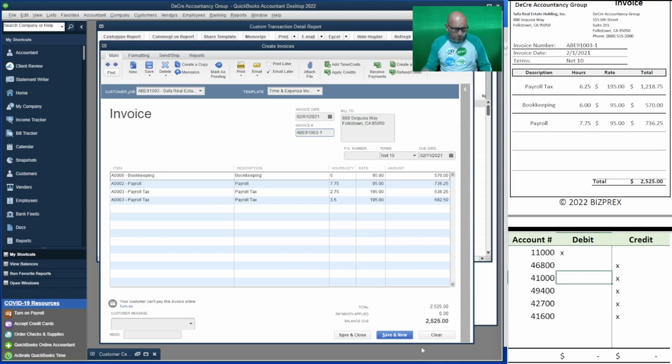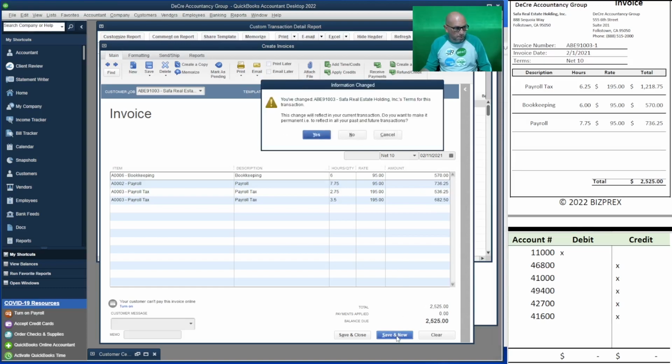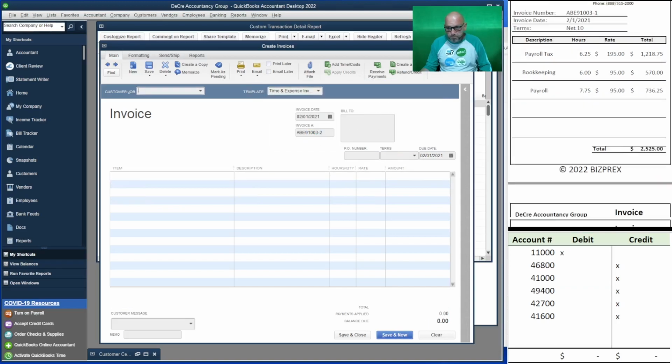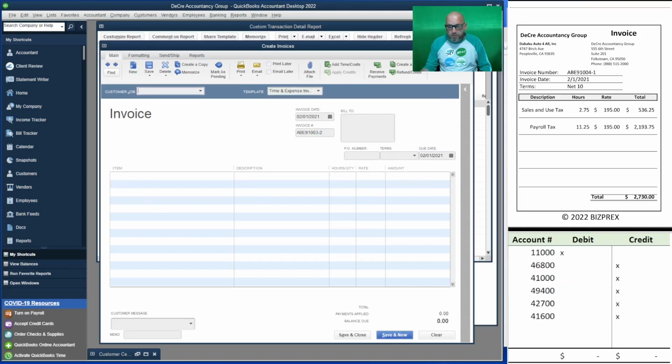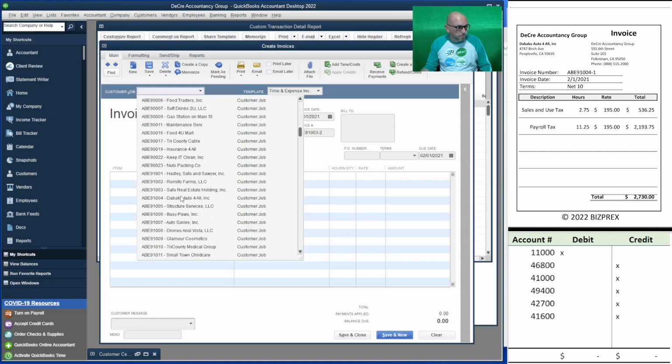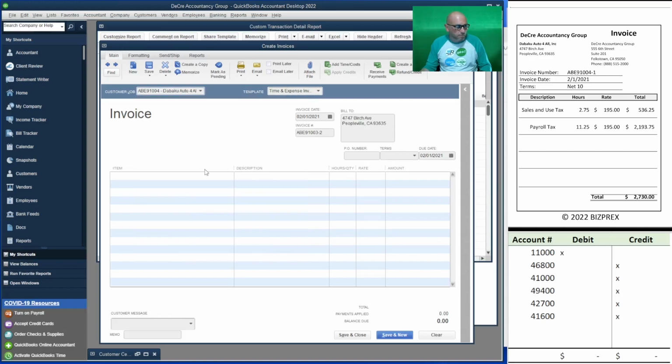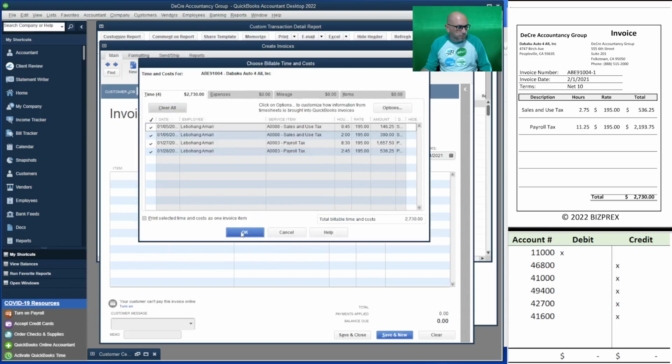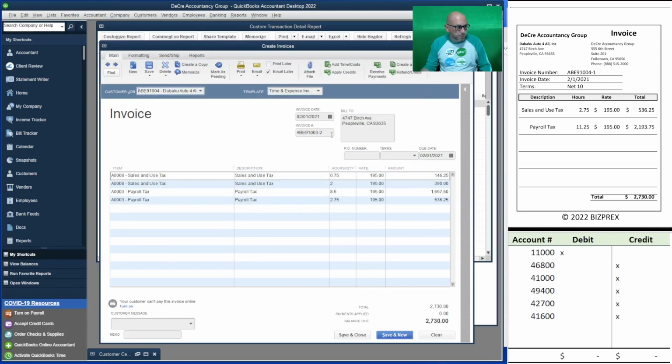What we do know is 2,525 is a debit to our accounts receivable, and then these amounts right here, not the rates, but the totals, are credits to our revenue accounts. Right?